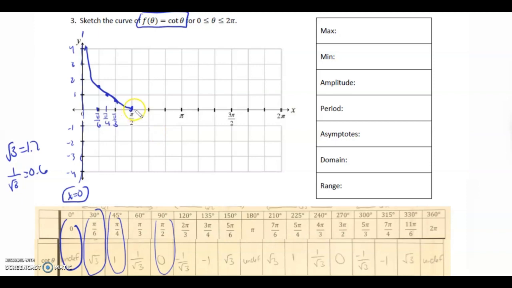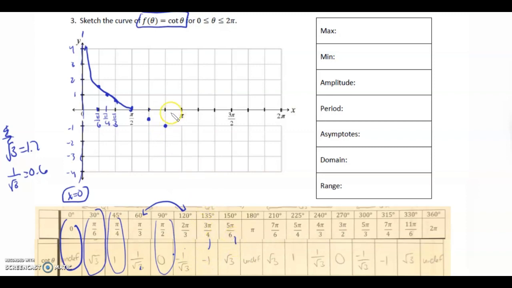Okay, and then we're going to mimic what we just did on this side. So instead of 1 over root 3, it's going to be negative 1 over root 3. So we have negative 1.7. No, negative 0.6. Okay, then negative 1.